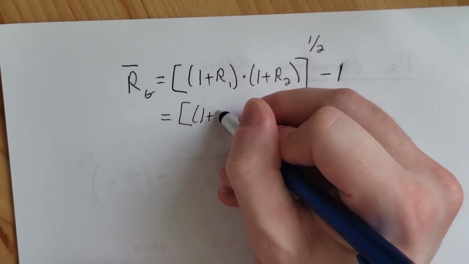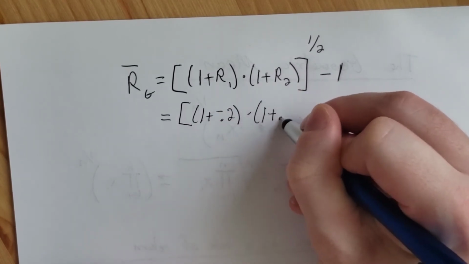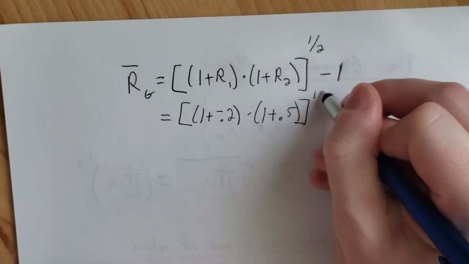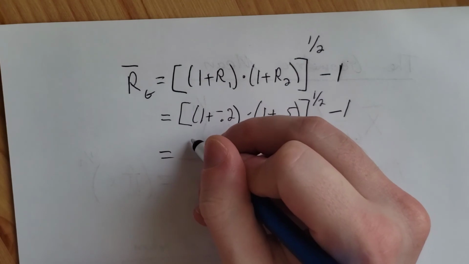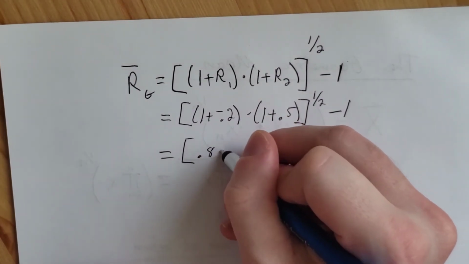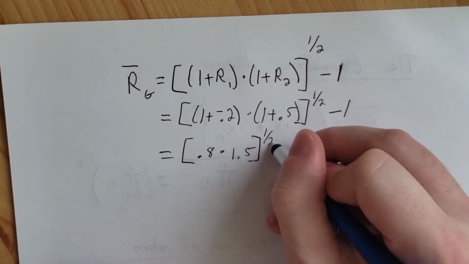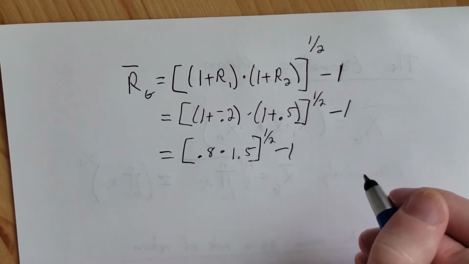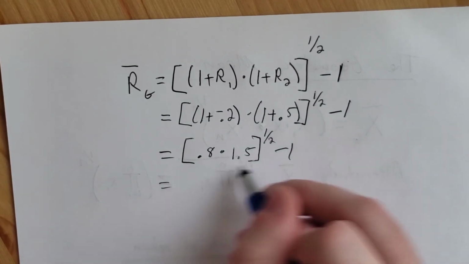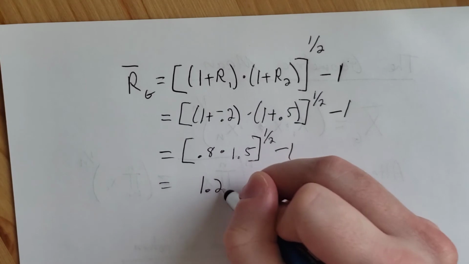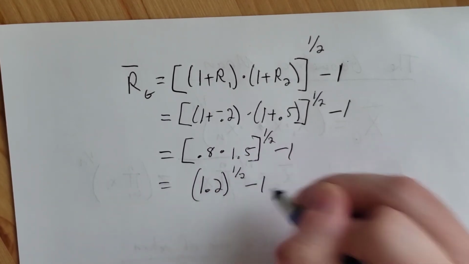This is 1 plus a negative 0.2 times 1 plus positive 0.5. Take the square root of that, then subtract 1. This is 0.8 times 1.5, all raised to the 1/2 power minus 1. So 0.8 times 1.5 is 1.2, all raised to the 1/2 power, then subtract 1.